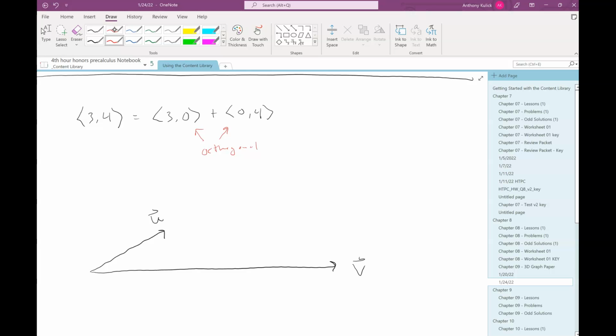So let's say that we have two vectors u and v. And what we want to do is break u into components. So we have this component, and this component that's in the same direction as v.